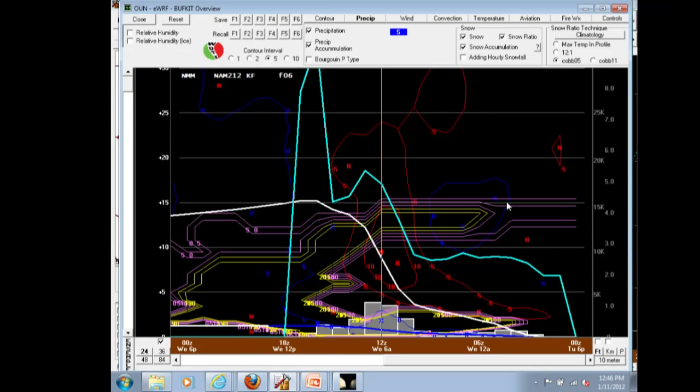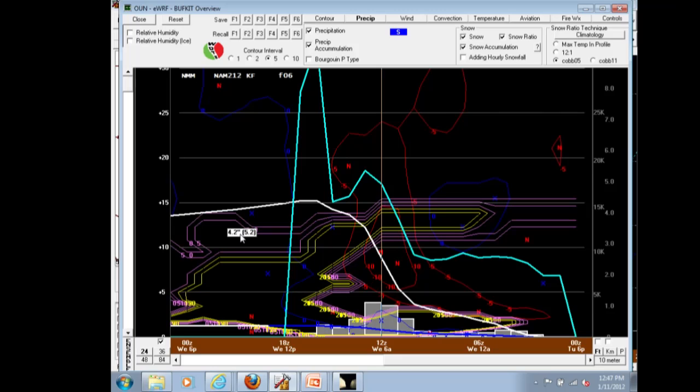So what is the storm total ratio out of this thing? Okay, well, here's a handy thing. I can start on the right side of this overview, holding the right mouse button down, and zoom to the left side, to the end of the storm, and I get a storm total of 4.2 inches.